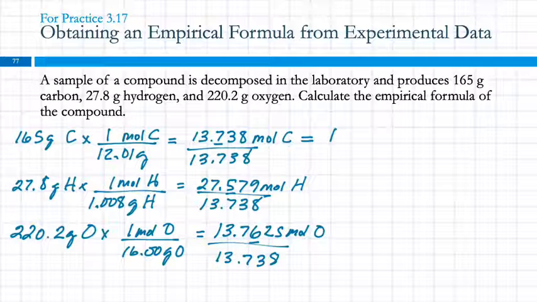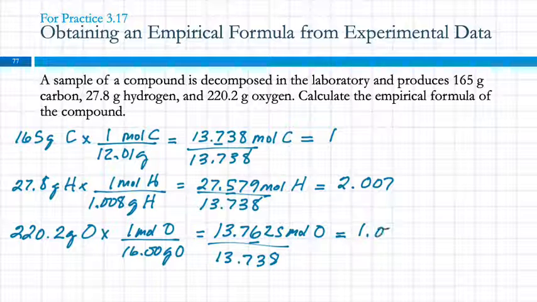For the hydrogen, 27.579 divided by 13.738 equals 2.007. And the one on the bottom there gives me 1.0017.